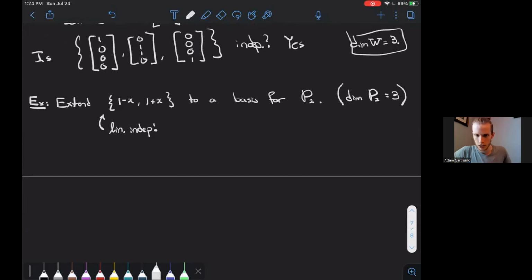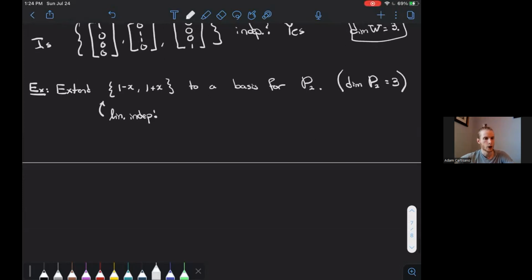There's a few ways that you could do this. Your suspicion is, I should just include x squared into this set. Well, you could do that, but you don't know for sure that it remains linearly independent. And in general, is there a strategy that will work?